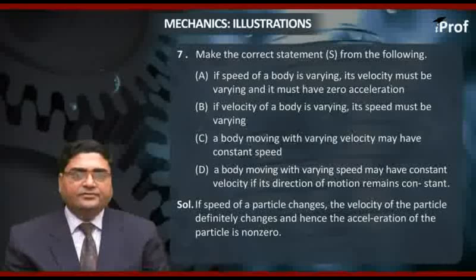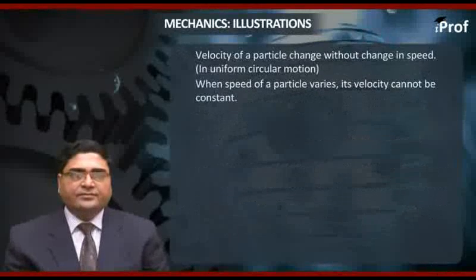If the speed of a particle changes, the velocity of the particle definitely changes and hence the acceleration of the particle is non-zero. Velocity of a particle can change without changing speed.